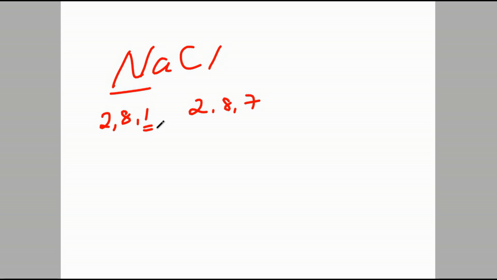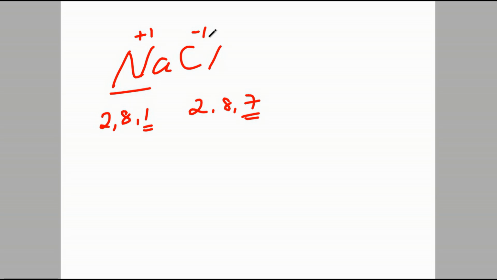Therefore, the oxidation number of sodium would be +1. And for chlorine to become 8, it has to gain one electron, right? Therefore, its oxidation number becomes -1.